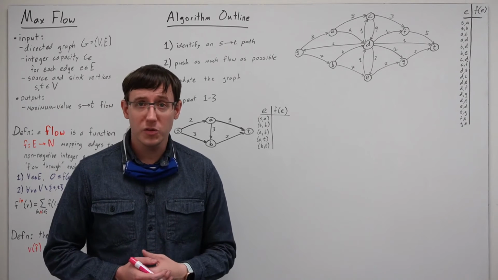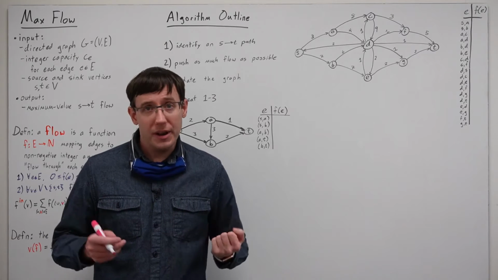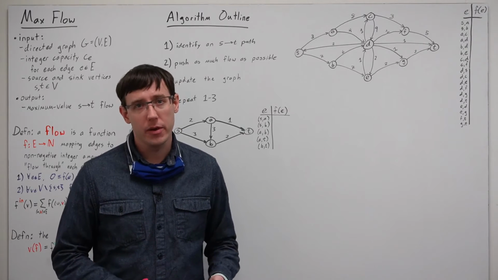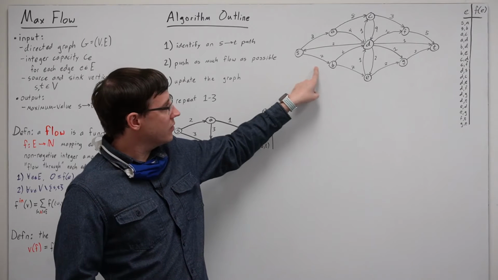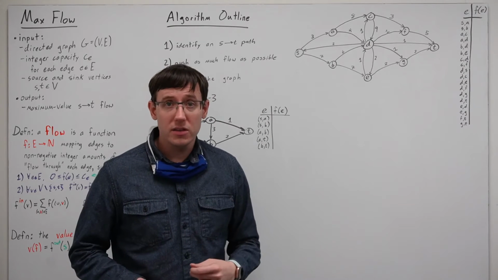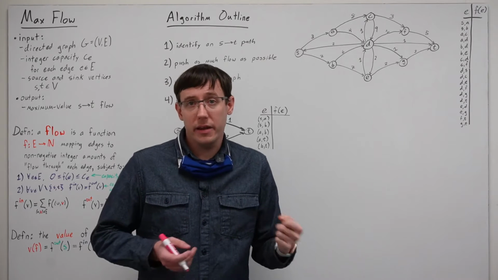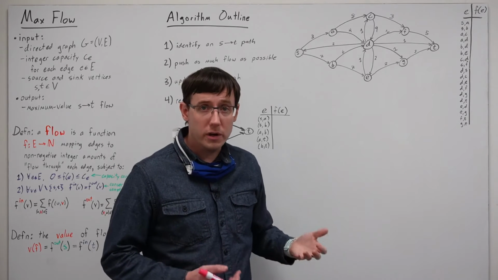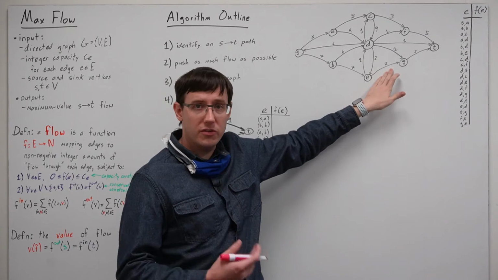Pushing as much flow as possible means figuring out what is the bottleneck edge on the path. For example, if we identified the bottom path from S to B to E to G to T, the bottleneck is the edge on that path with the lowest remaining capacity. Given the current capacities, that bottleneck is 2 from this edge.